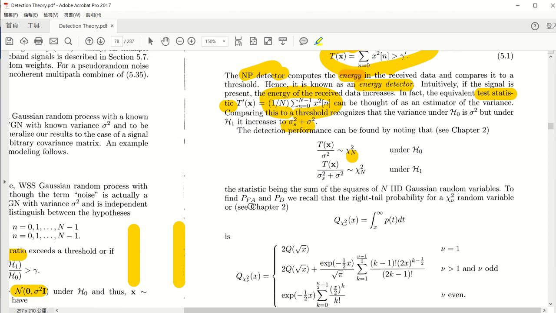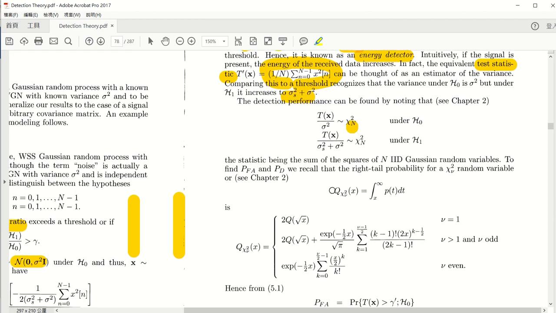So to find PF and PD, we recall the right tail probability for chi-square. That is also in chapter 2. The right tail probability of a chi-square has the notation Q sub chi-square V of X, equal to the integral from X to infinity of p of t dt.